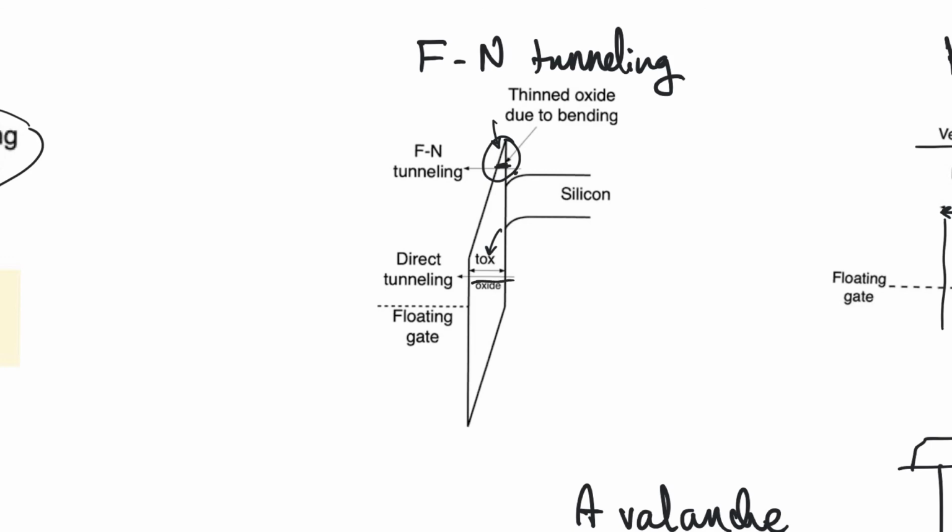And so it's easy for electrons on this side to tunnel to the other side, with the application of this large electric field. When you remove the programming voltage VPP, this large bending or tilting in the oxide is going to resolve, and the thickness observed by electrons is going to be large once again, and they cannot tunnel, which is something that we want.